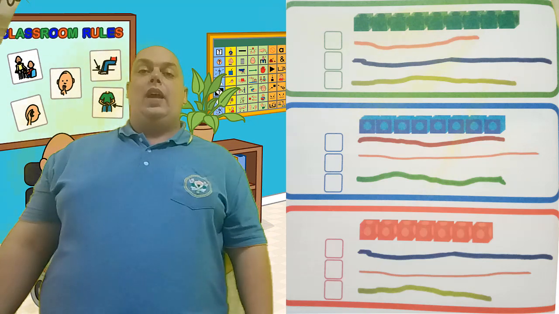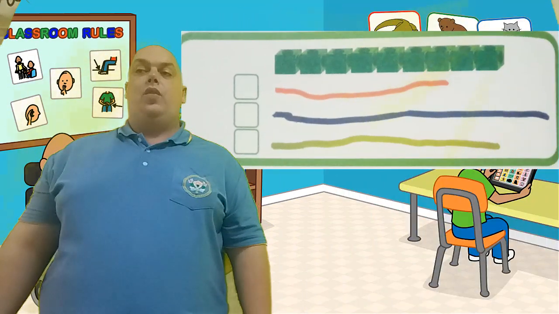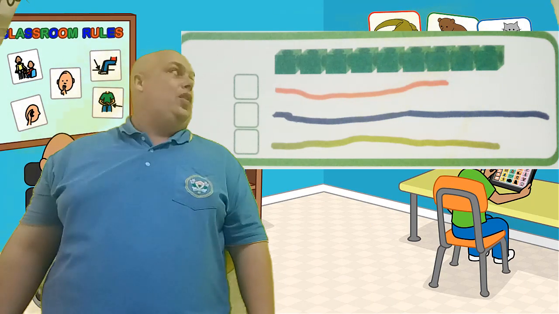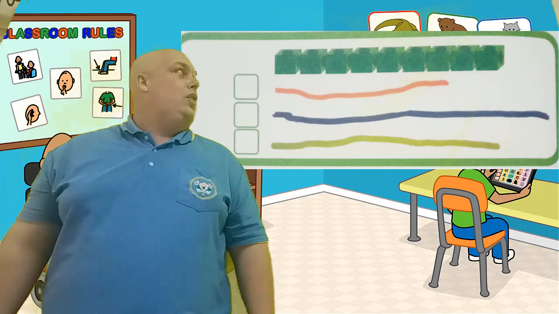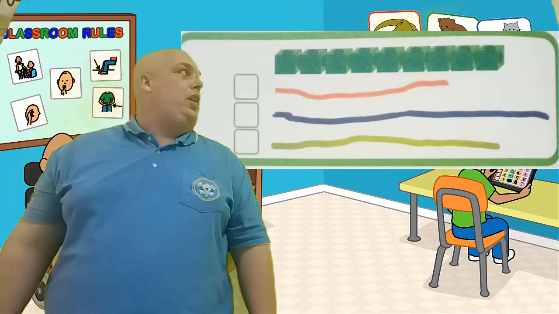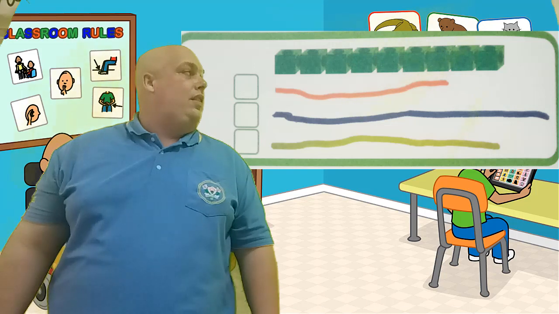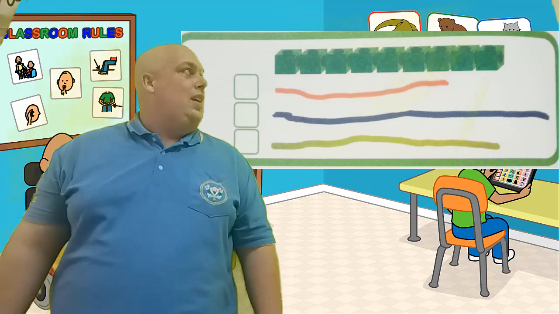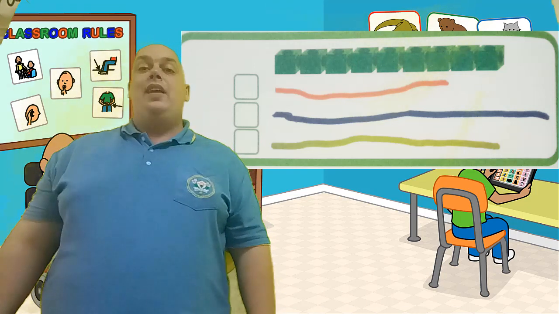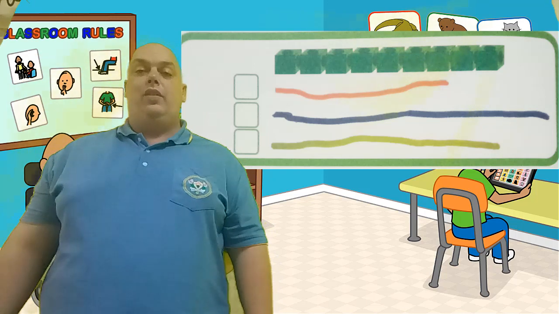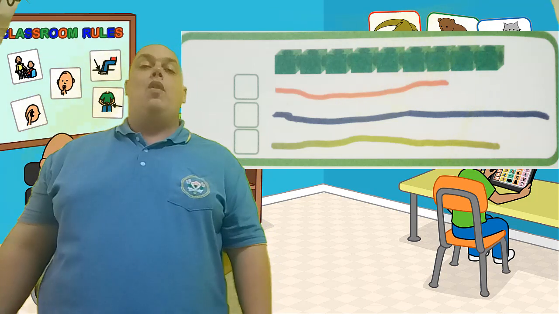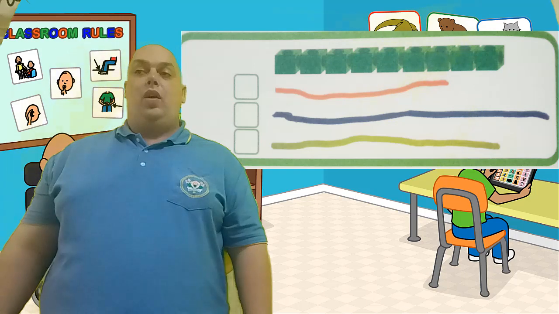So let's have a look at the first row of blocks. How many blocks are there in the first row? 1, 2, 3, 4, 5, 6, 7, 8, 9. 9 blocks long. Okay, so the first row of blocks, the green row of blocks, is 9 blocks long.